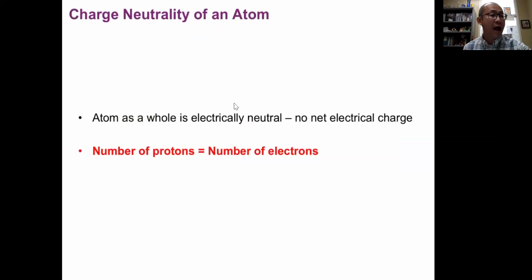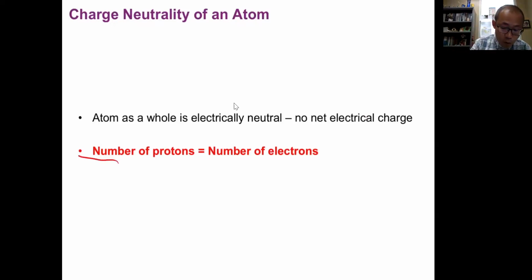So here, after we know these numbers, let's take a look at how these numbers play a role in the atom. First, like we mentioned already, atoms are all neutral particles. In order for an atom to be neutral and carry no electric charge, the charge of the electrons must balance the charge of the protons, because one is positive and one is negative.